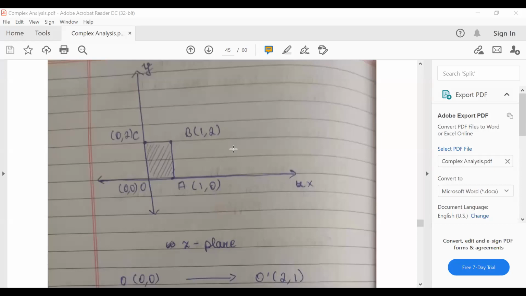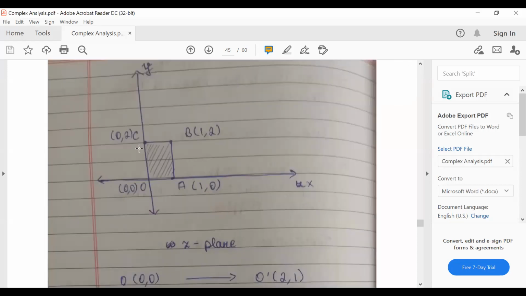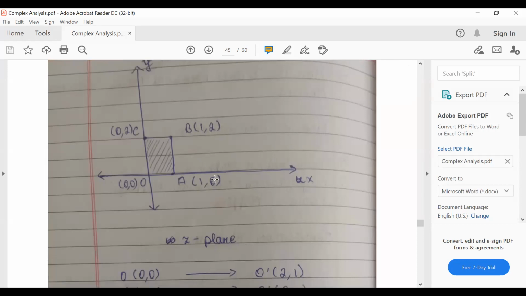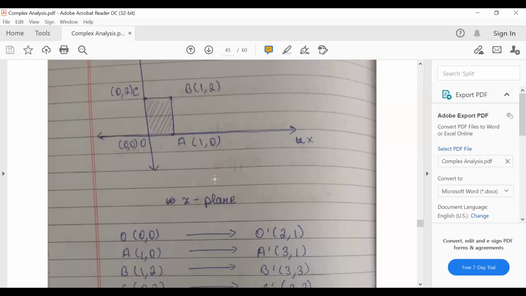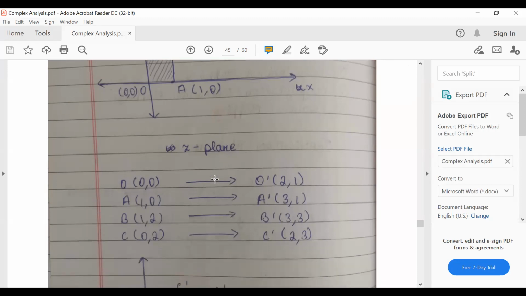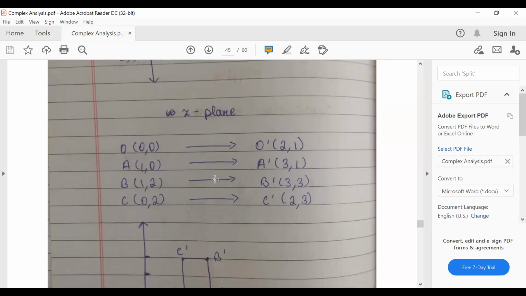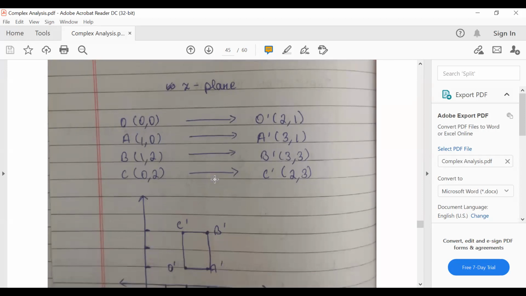The coordinates in the z plane are O as (0, 0), A as (1, 0), B as (1, 2), C as (0, 2). This is a rectangle in the z plane. Now you want the image from the z plane in the w plane. I am taking a new coordinate system in the w plane as O dash, A dash, B dash, C dash, corresponding to O, A, B, C respectively.